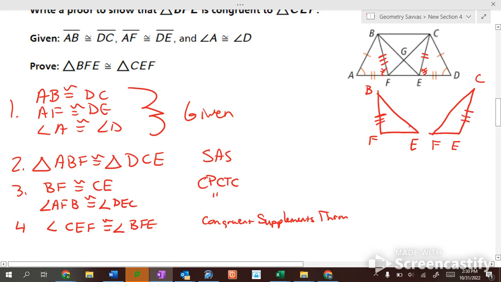I know now all of a sudden angle CEF, this one right here, is congruent to angle BFE, this one right here. Is there any way to say FE would be congruent to FE? Is FE congruent to FE? It definitely is. What's the reason that FE is congruent to FE? When they're the exact same thing, it's called the reflexive property.